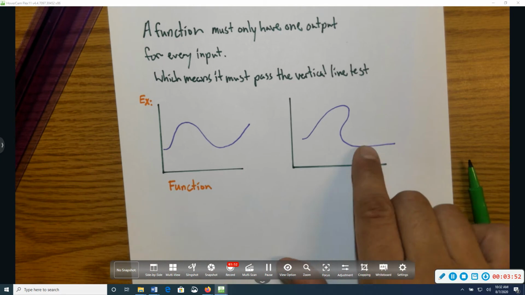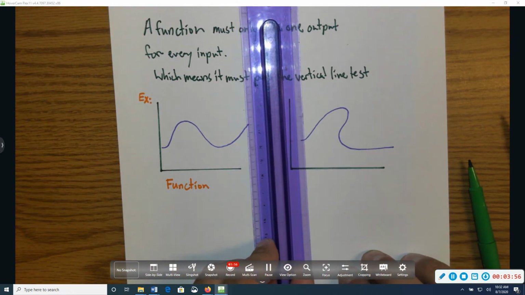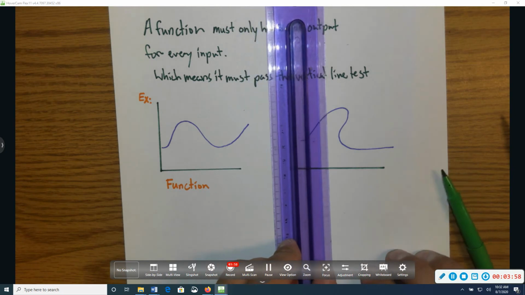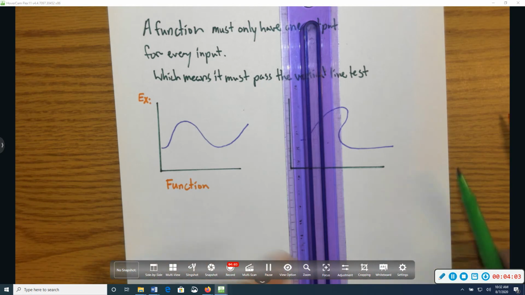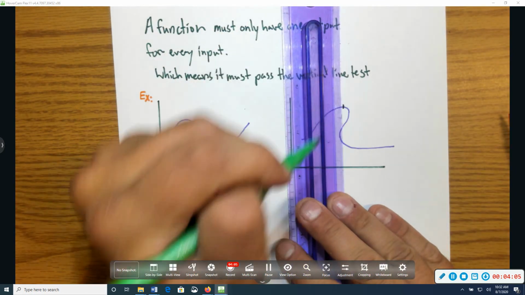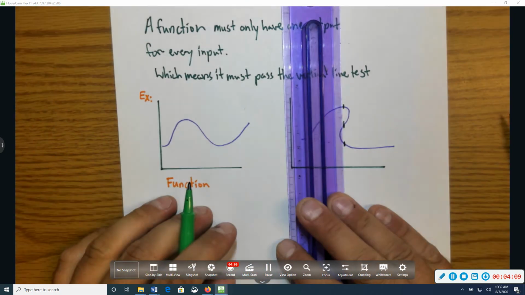But let's take a look at this one on the right. We start from the left. It touches once, once, once, but then right when we get here, it touches once, twice, 3 times.